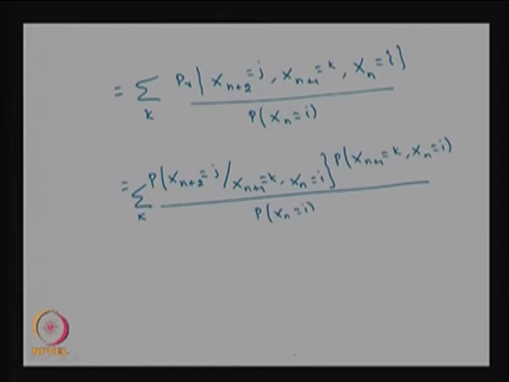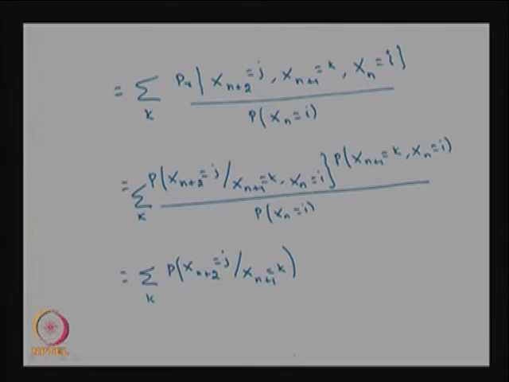Since the X_i's form a time homogeneous Markov chain, this conditional distribution, by using the Markov property, is the same as the conditional distribution of X_{n+2} taking the value j given that X_{n+1} takes the value k. Only the latest value is needed, not the previous history.